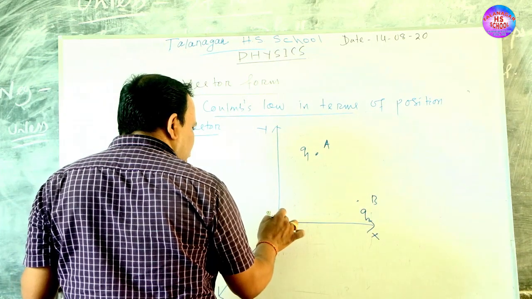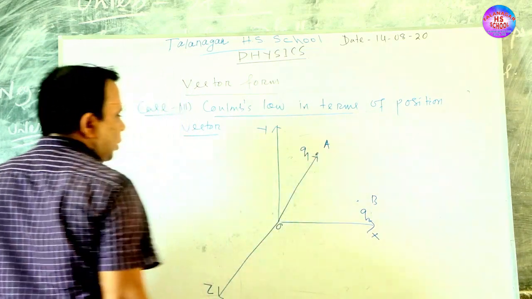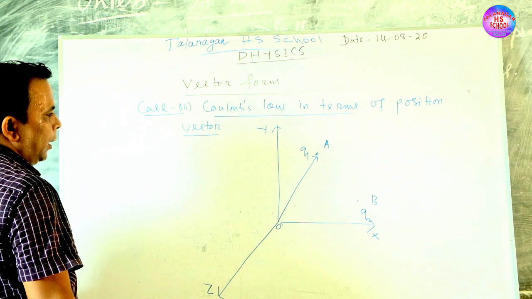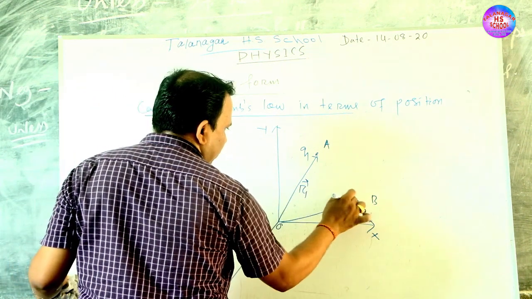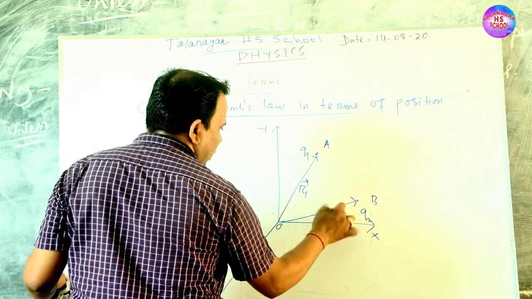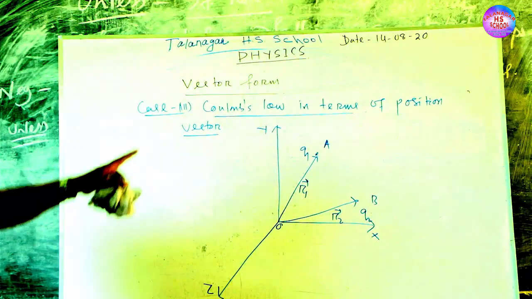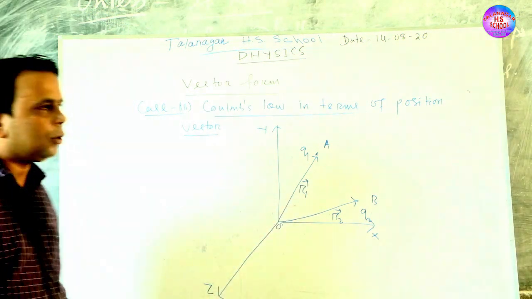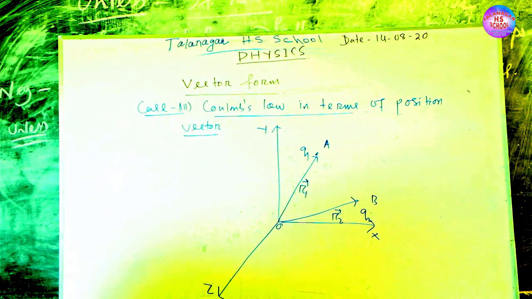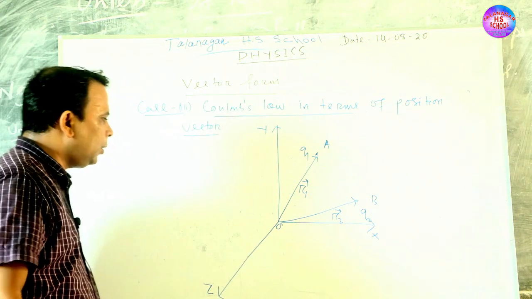The position vector of q1 is r1 and of q2 is r2, with respect to the arbitrary origin O.